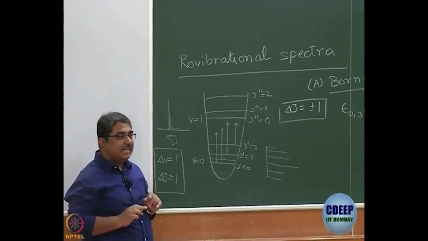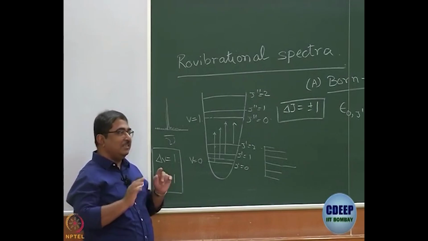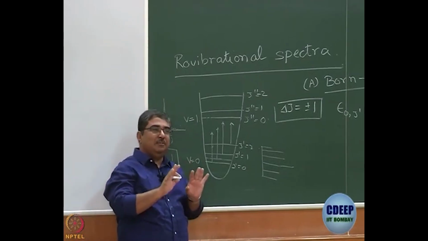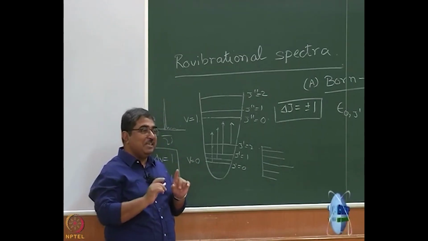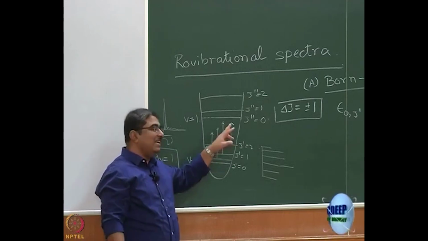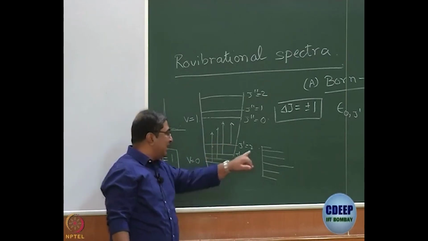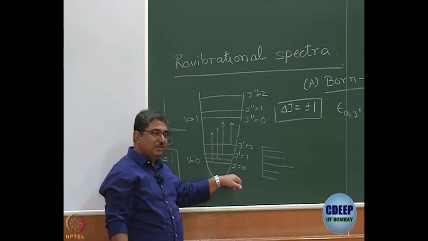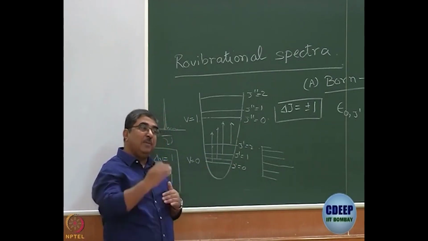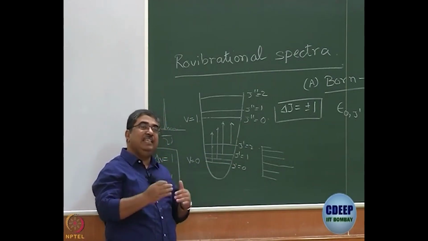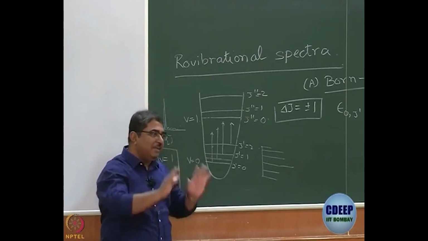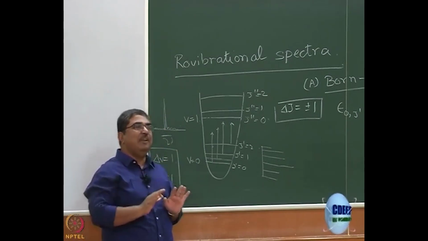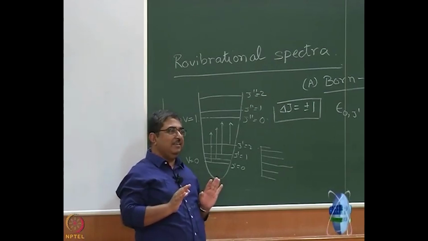Is there a question? Is there an answer? Achha. That might be a right answer to a different question. My question is, if for delta J equal to plus 1, J dash of course is the vibrational levels of V equal to 0, and I am working with delta J equal to plus 1. So, what is the range of allowed values of, or I will make it simpler, what is the minimum value of J dash I can take?